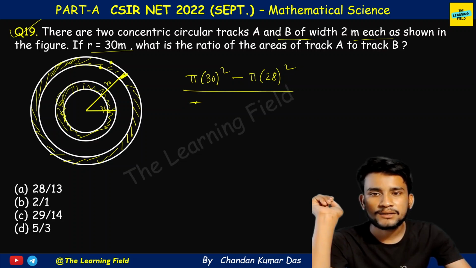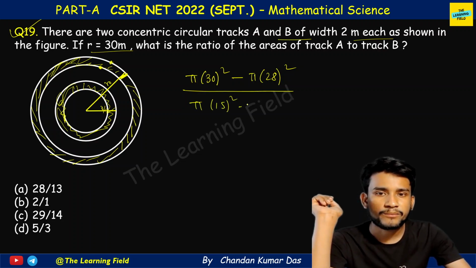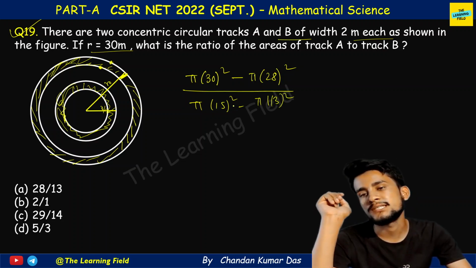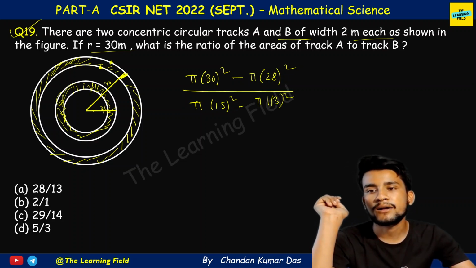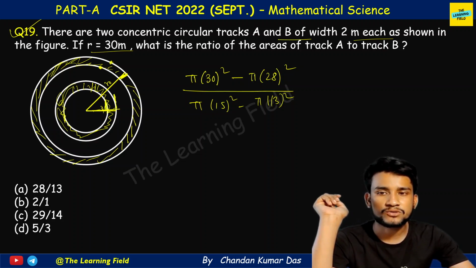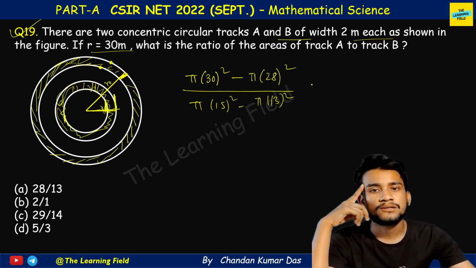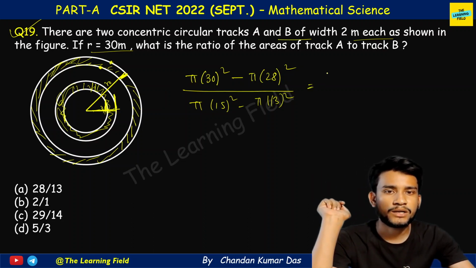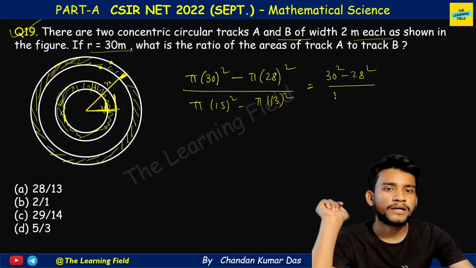And similarly pi into 15 square minus pi into 13 square. Okay, because this is also 2 meter and r by 2 is the radius of this circle, and therefore this is the radius. So this is 15 and this is 13. Okay, so pi तो cancel हो गया, both side common लगे. So 30 square minus 28 square by 15 square minus 13 square.